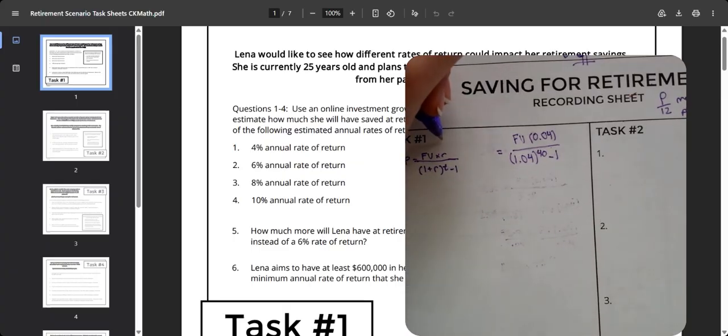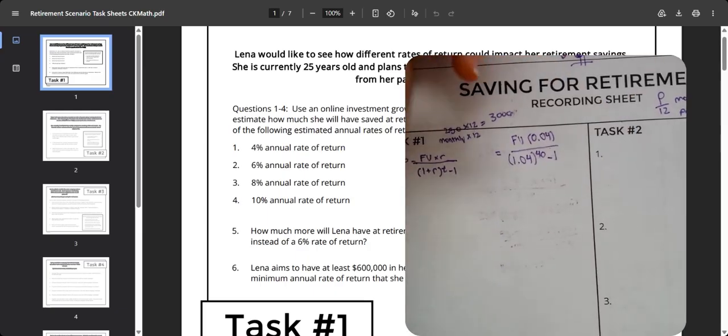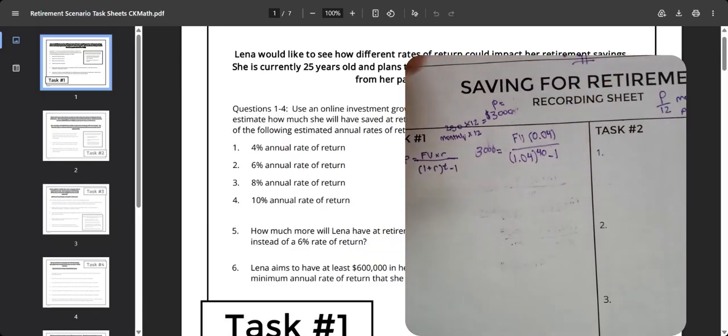So our first step is the monthly payment times 12, which is 250 times 12, and then we got 3,000 a year, which is our yearly payment. So that's what P is. We've got 3,000.